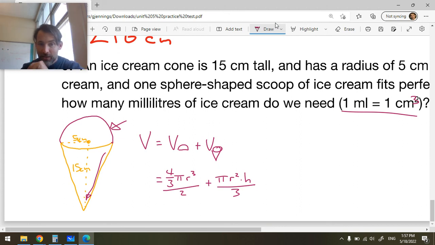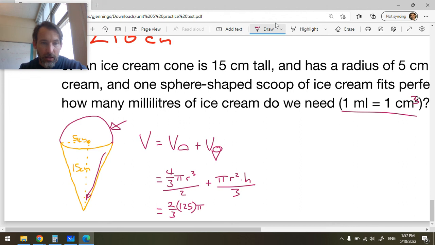All right? So now let's do that. The half of 4/3 is 2/3 pi times the radius cubed. The radius is 5, and 5 cubed is 125, times pi.